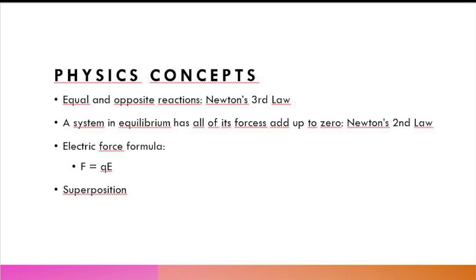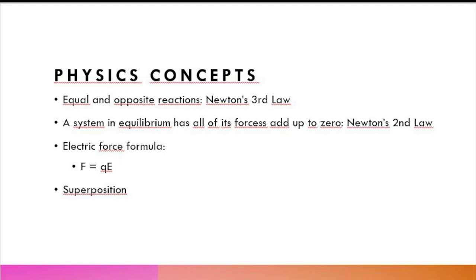Then we have that a system in equilibrium has all of its forces add up to zero, which is Newton's second law. For instance, we can see this in the top tape, where the force of gravity equals the force exerted by the bottom tape. The only difference is that the direction is opposite, but the magnitude is the same.